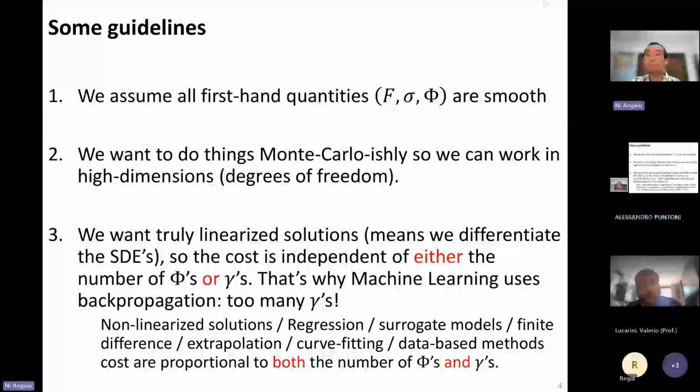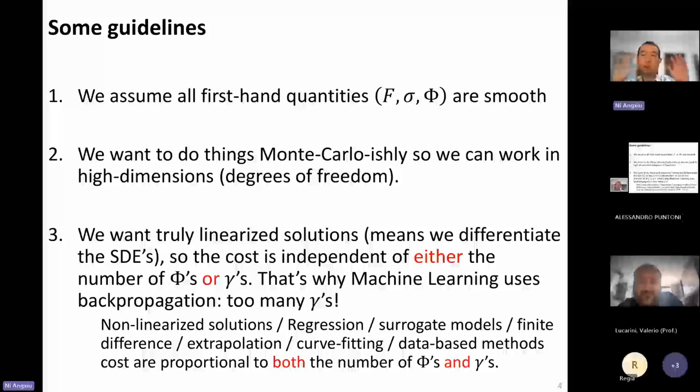Okay, so that is something we want to do. And the third restriction is that we want truly linearized solutions, meaning that we truly take the derivative of the SDEs or the distributions of the SDEs. The benefit of doing that is that for the cost, we can make a choice.